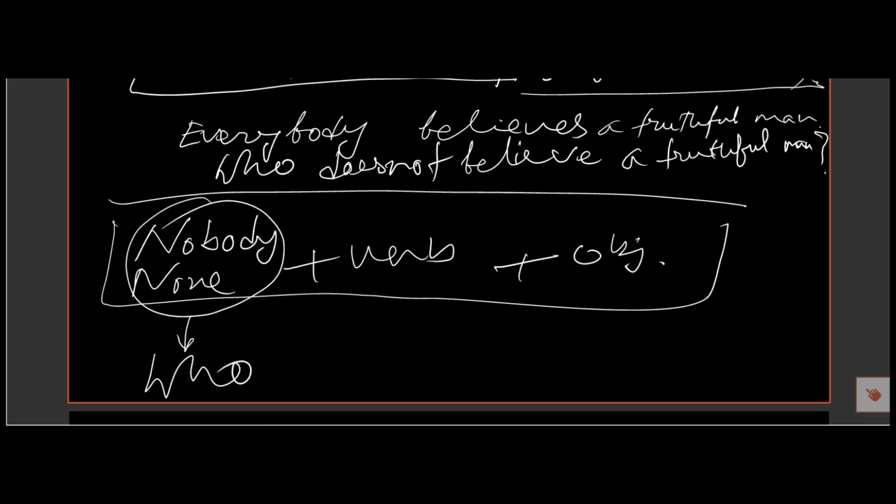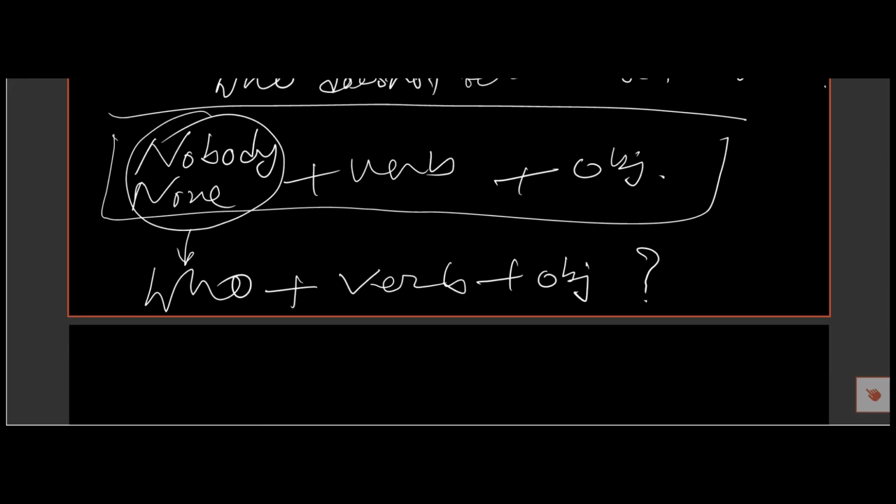Then the rest of the sentence, the verb and object, will be the same, and there is an interrogation mark. If the sentence begins with nobody or none, the interrogative sentence will begin with who and then the rest of this.